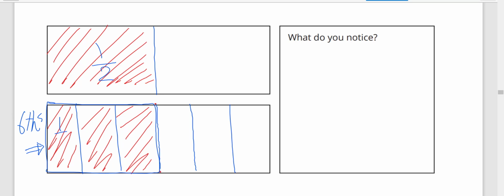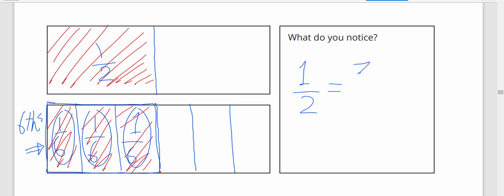Each part is called a sixth. So we know that half equals how many sixths? 1, 2, 3. Half equals 3 sixths.